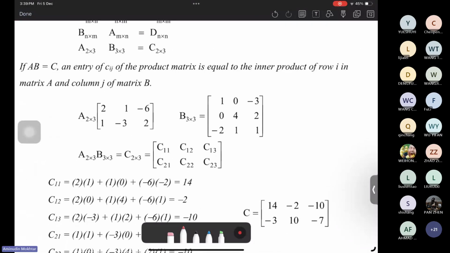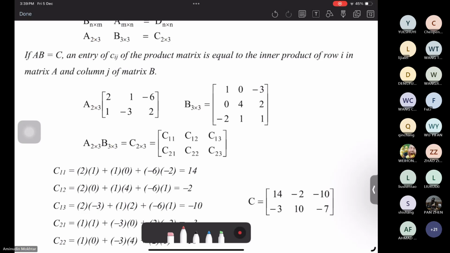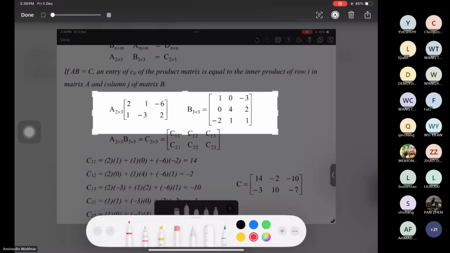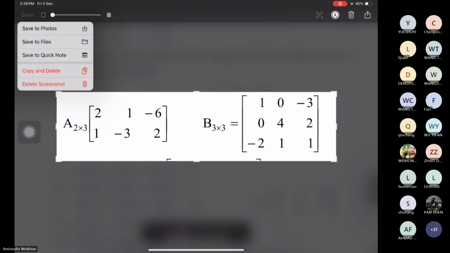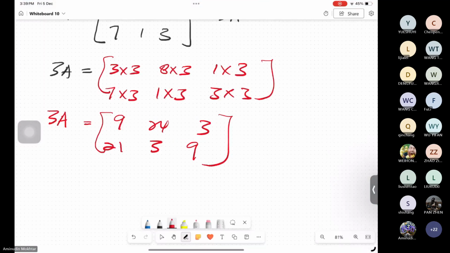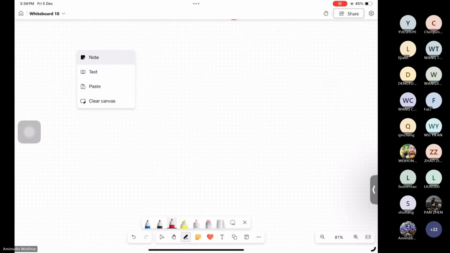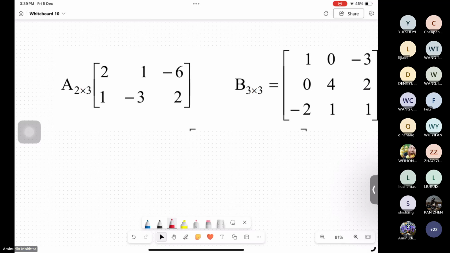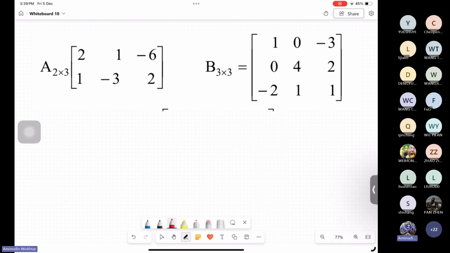Let's say I have these two matrices, A and B. Now we would like to find AB. What is the matrix A times B?